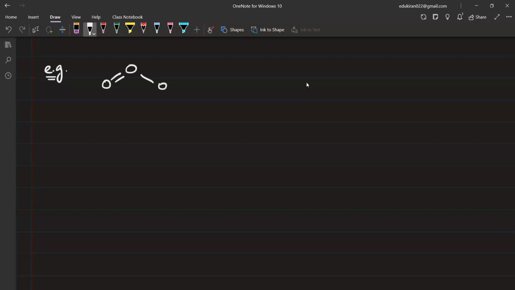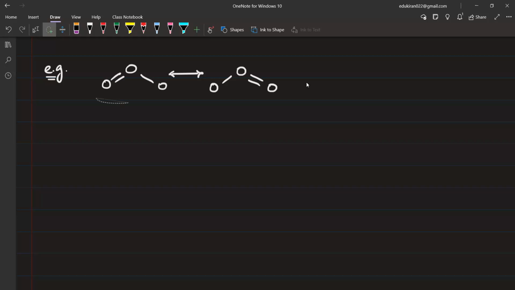Now, the double bonded oxygen can be on the right and the single bond can be on the left. This is also ozone. When you write both of these structures, then only you are representing the complete properties of ozone.